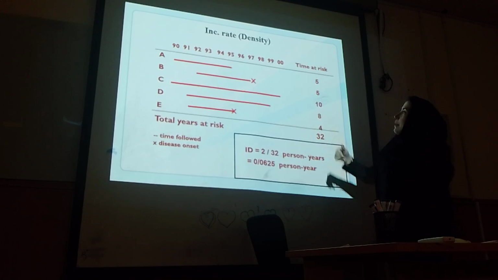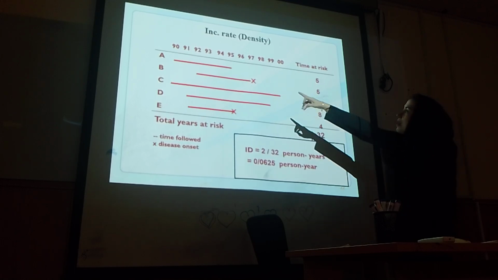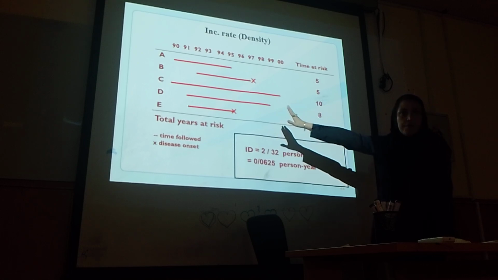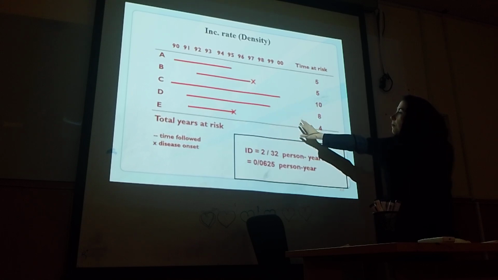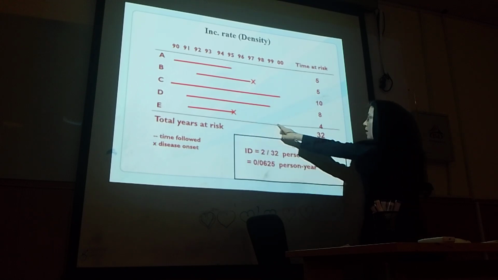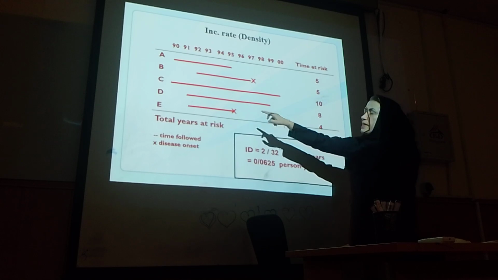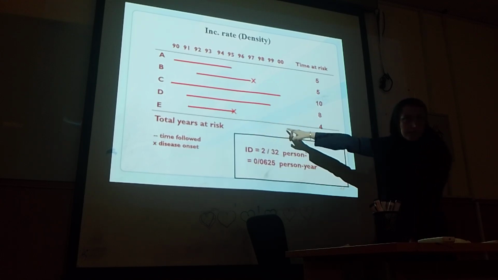Please see this example. We have 1, 2, 3, 4, 5 individuals. These are the number of years that we have followed these individuals.